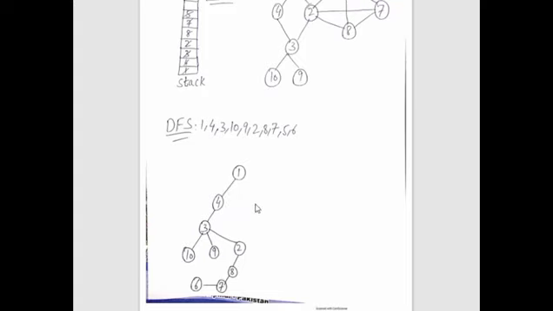Like see, we first started from the 1, started its exploration to 4, the adjacent vertex was 4, to 4 the adjacent vertex was 3, then with 3 the adjacent vertices were 10, 9 and 2, and then to 2 the adjacent vertex was 8, and then to 8 the adjacent vertex was 7, and then to 7 the adjacent vertex was 6, and then to 6 the adjacent vertex was 5. So this is how we have drawn the DFS spanning tree from this DFS, right?